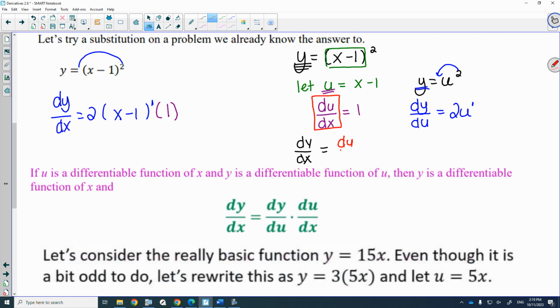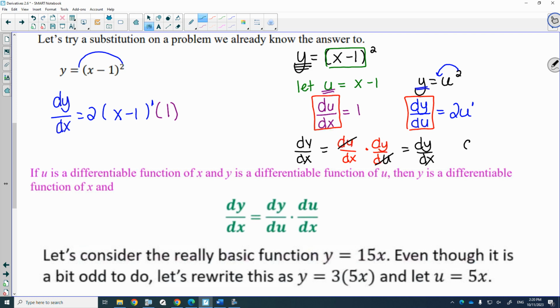So we're going to multiply du dx, which is going to be a 1, times this derivative, dy du, sorry, this should be dy du. And what happens when you multiply these two derivatives together is something will cancel. du over du will cancel. And what we're left with is dy over dx, which is what we want, which is the derivative.